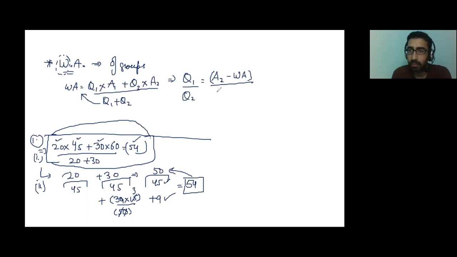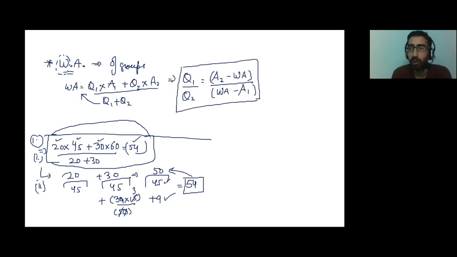And if Q1 was in the numerator on the left hand side, then the denominator on the right hand side is going to be the difference of the weighted average with the average of Q1, which is weighted average minus average of A1.